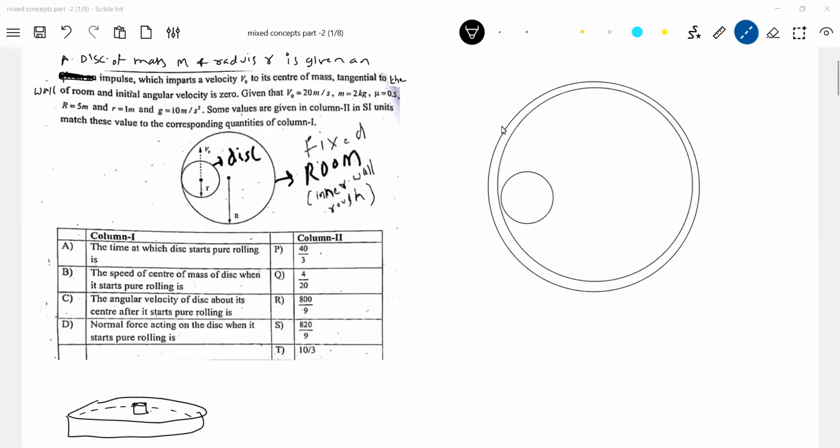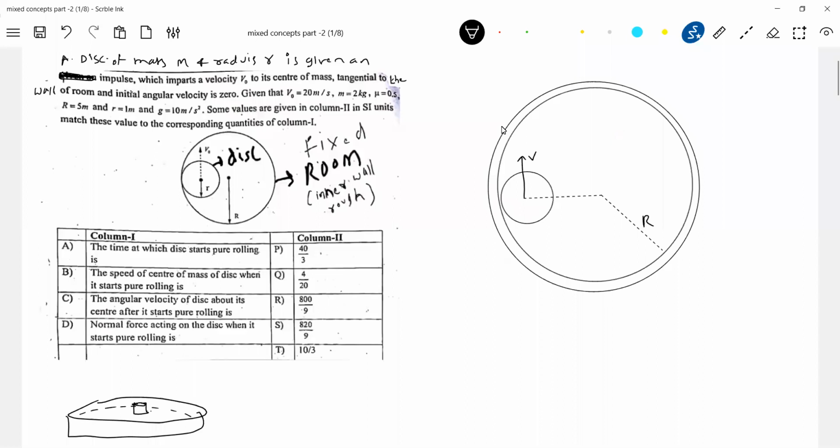The radius of this is given as capital R. This is the inner wall, this is smooth, there's no problem.